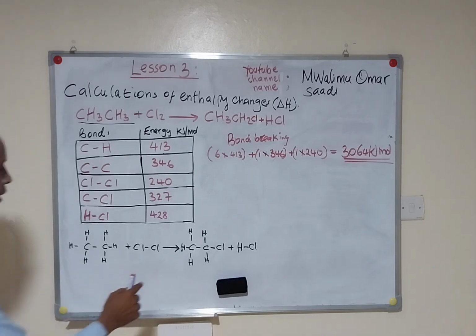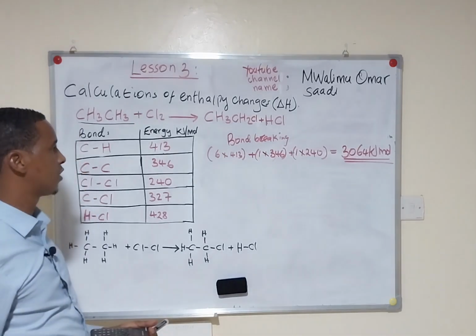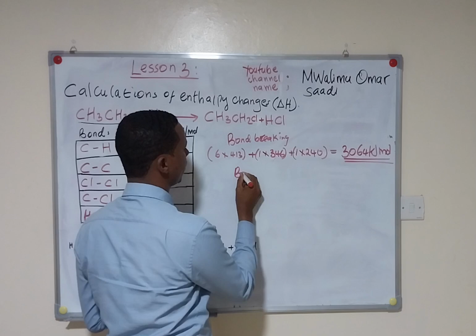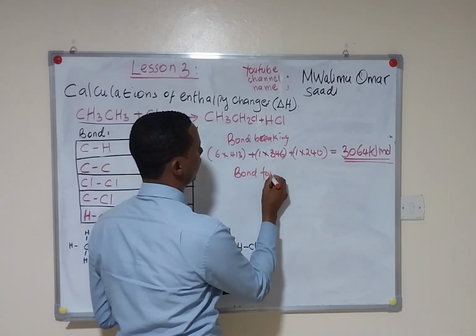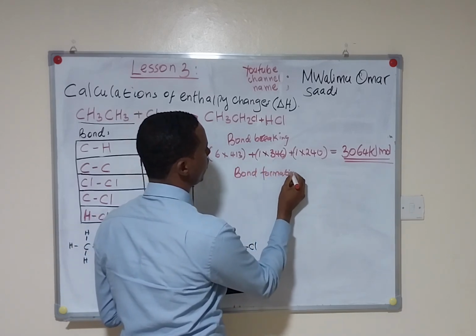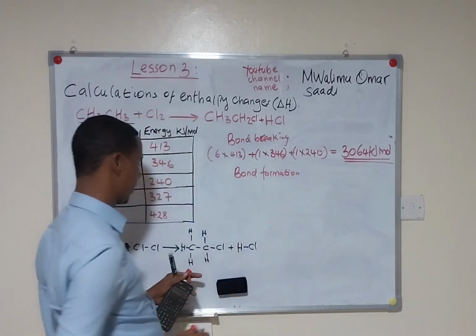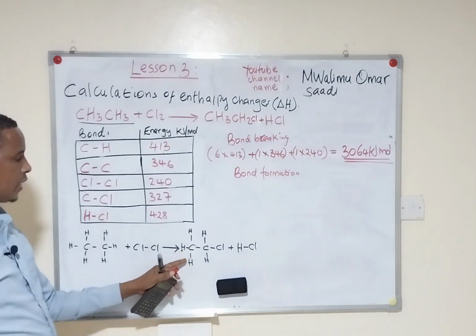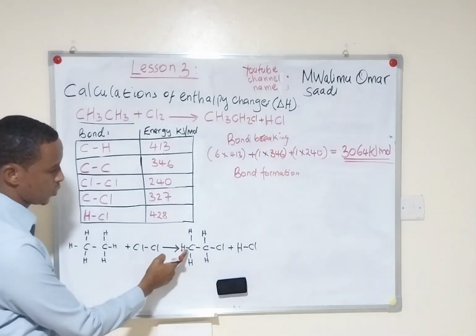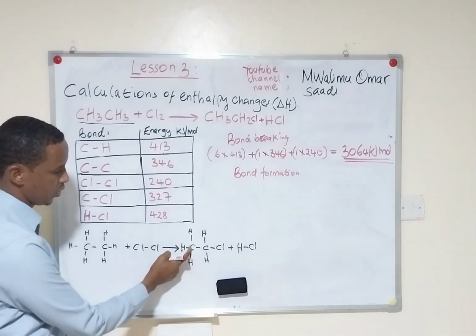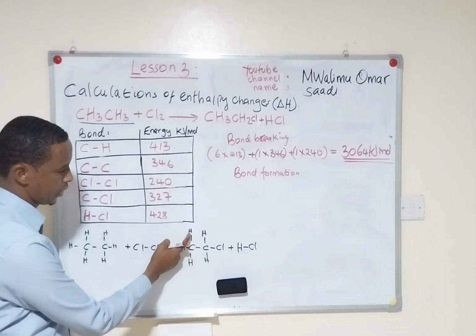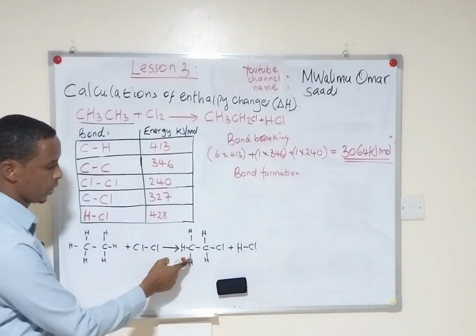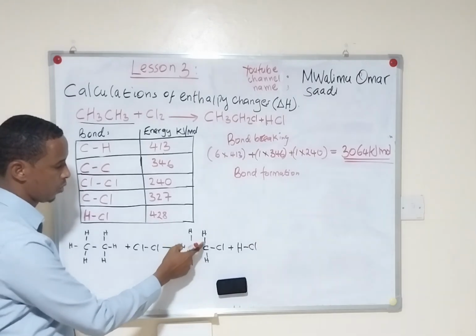So let us again add up the energy for bond formation. Here we have carbon-hydrogen bonds, which are 5 of them: 1, 2, 3, 4, 5.